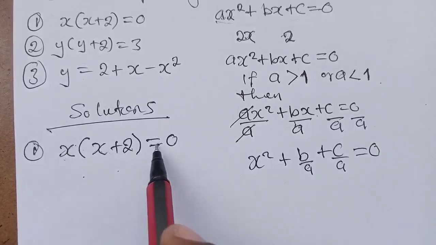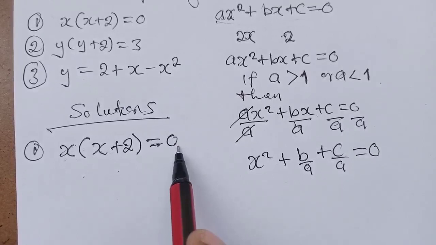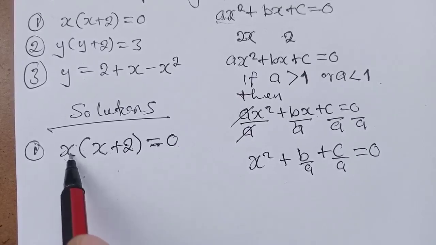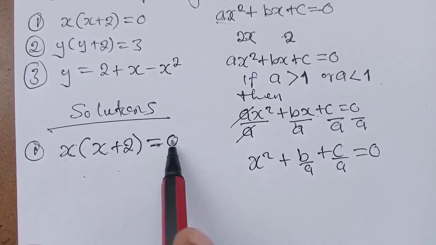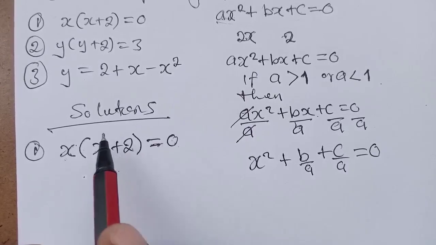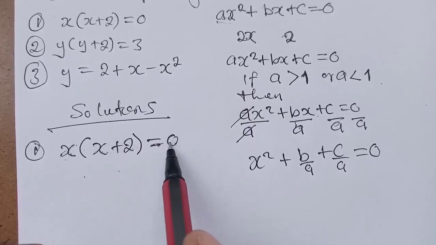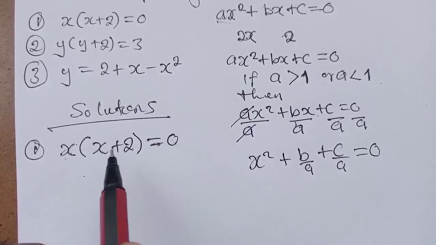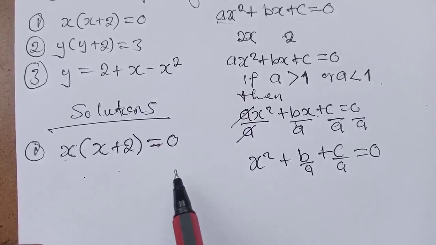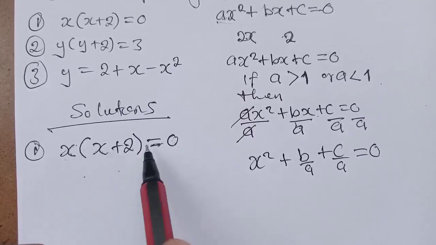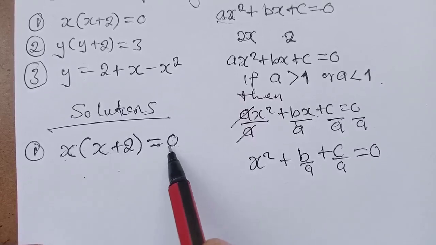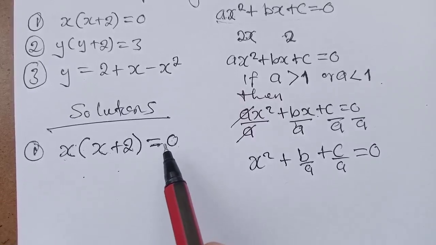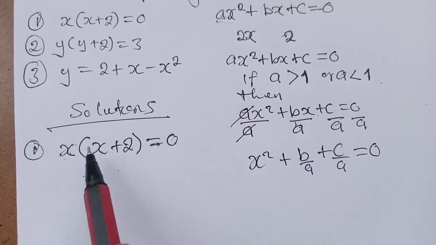If it is equal to 0, then you just equate this x to 0 and this to 0. But if this is equal to any number apart from 0, then that's when you can multiply. Are we together? If these variables are equal to any number, either 1, 2, 3, 4, 5, going up, then that's when you can multiply.